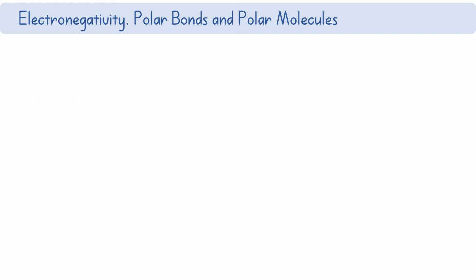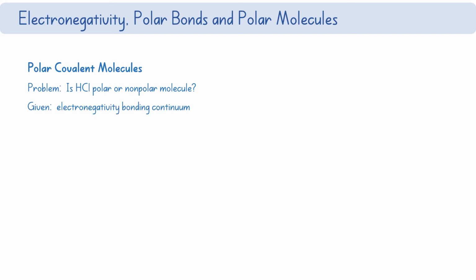Now, polar covalent molecules. Is HCl polar or nonpolar? To do that, we're going to use what's called the electronegativity bonding continuum. This shows us the range of the electronegativity differences and the type of bonding that will occur.